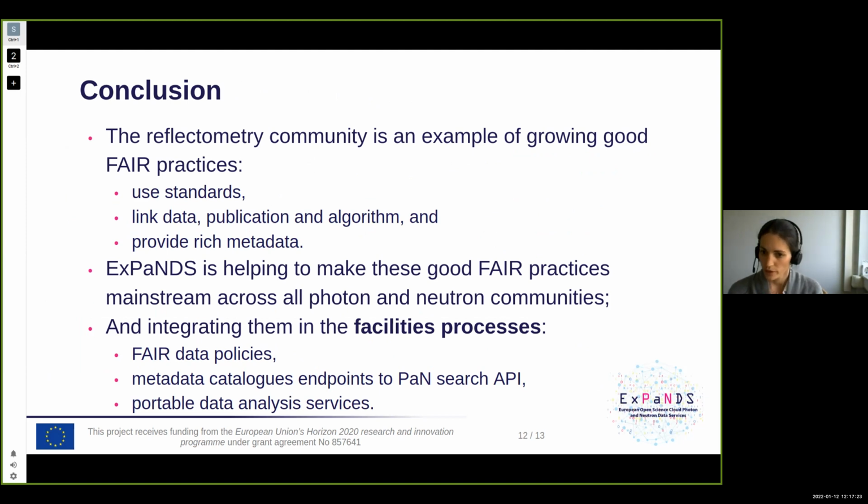What Expanse is doing is helping to make these mainstream across all photon and neutron communities and easier by integrating this in the facilities' processes. So working on the FAIR data policies, as I said, the beginning of everything, working on the metadata catalogs and making endpoints to this federated search API, and making the data analysis services portable.